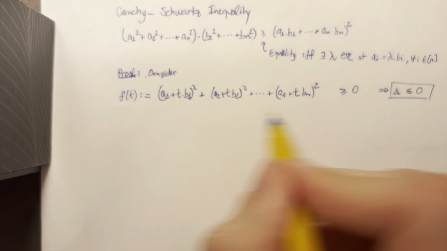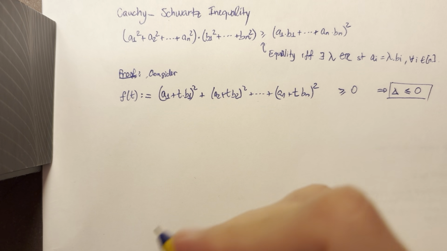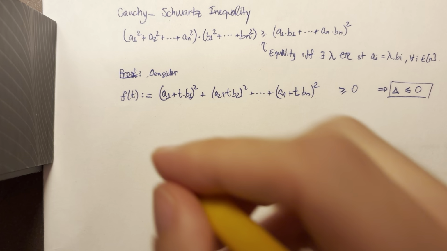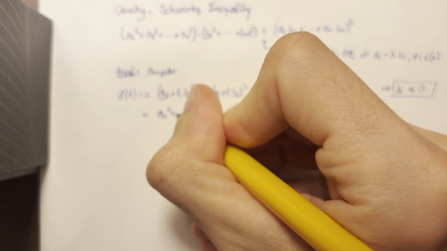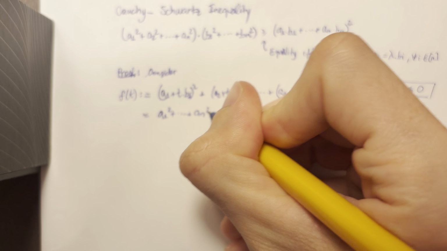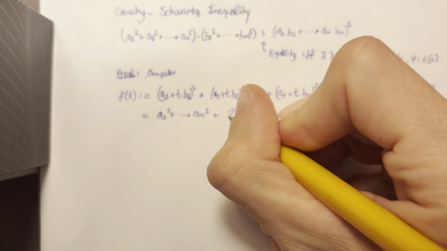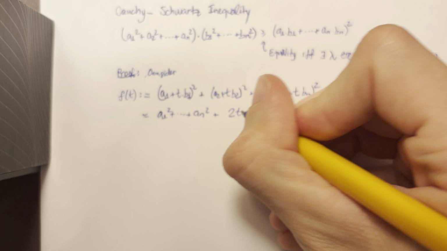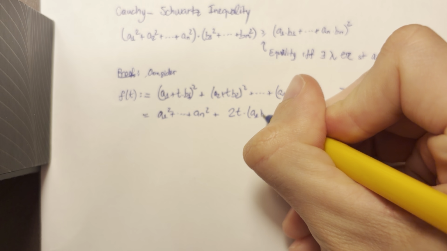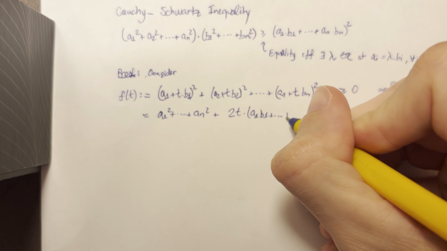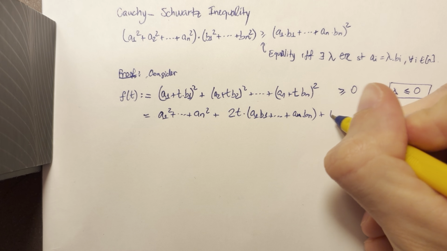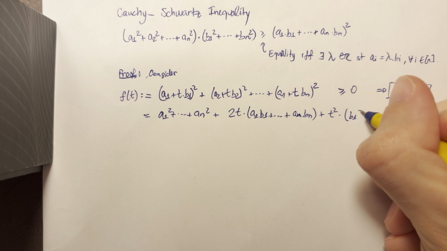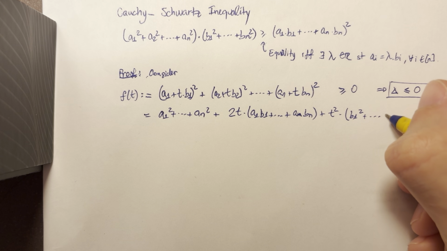And now we just have to collect the terms, let's say. So this is a1 squared plus etc. plus an squared, plus 2t times (a1 b1 plus etc. plus an bn), plus t squared times (b1 squared plus etc. plus bn squared).